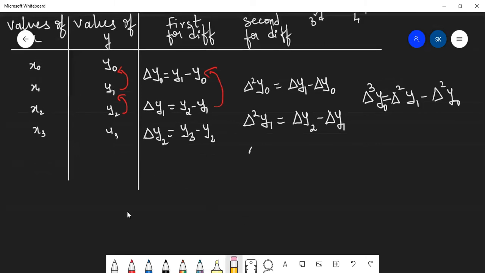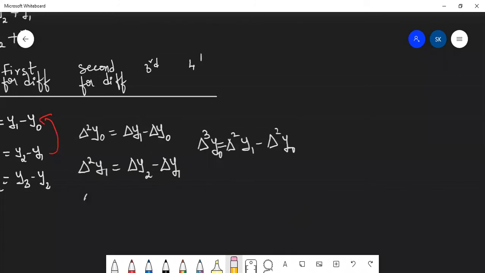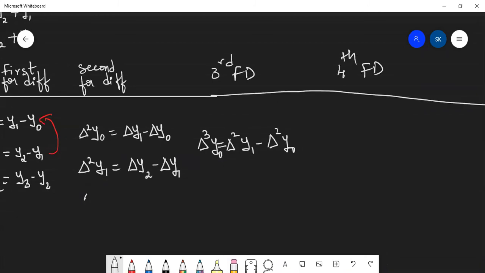These are third forward differences. Next you'll get fourth forward differences, then fifth forward differences, and so on.